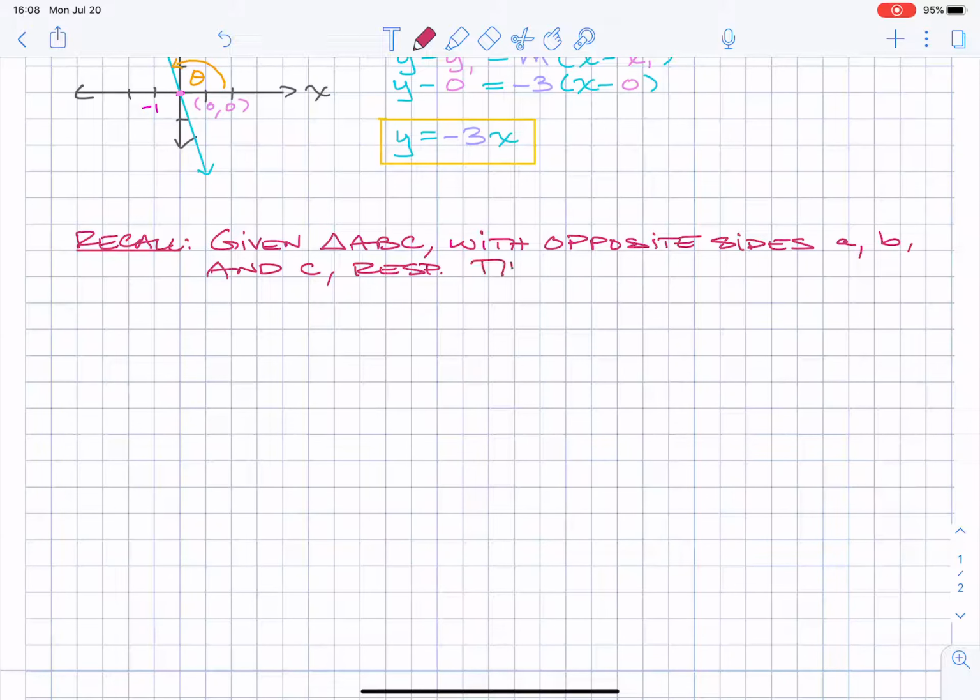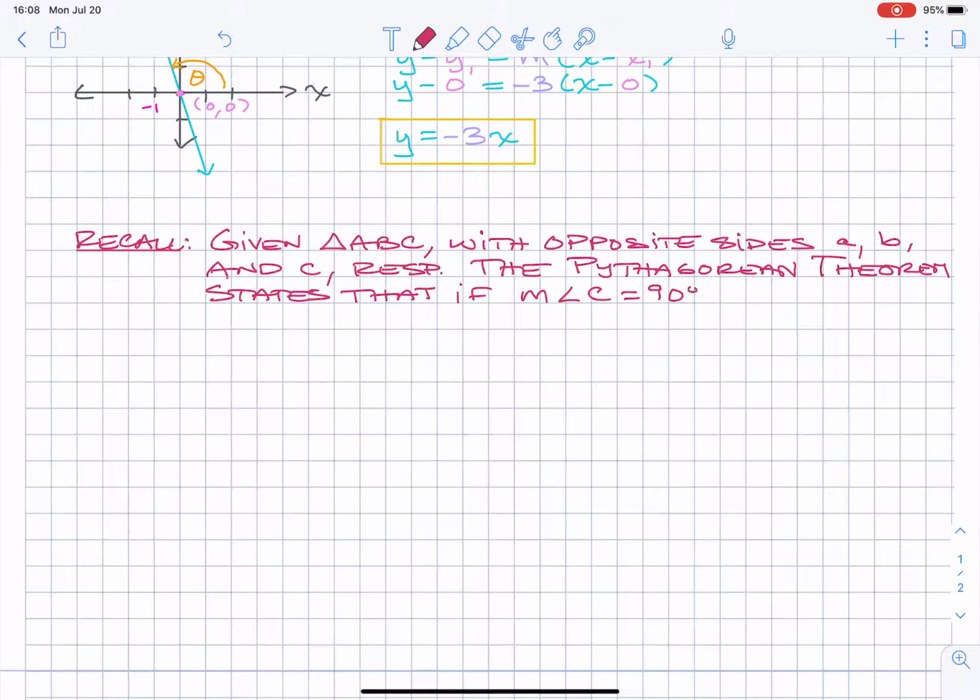The Pythagorean theorem states that if the measure of angle C is 90 degrees, then, okay, so let me first draw the picture and then we'll answer the question.